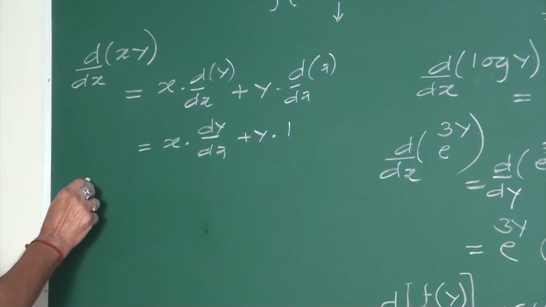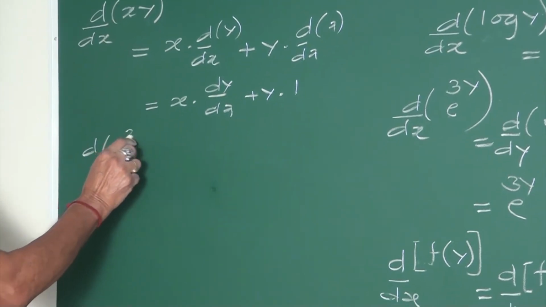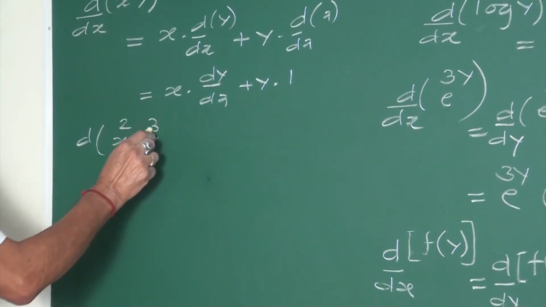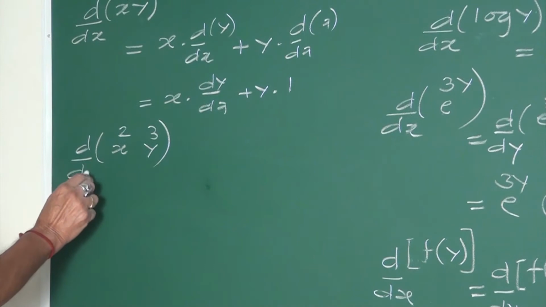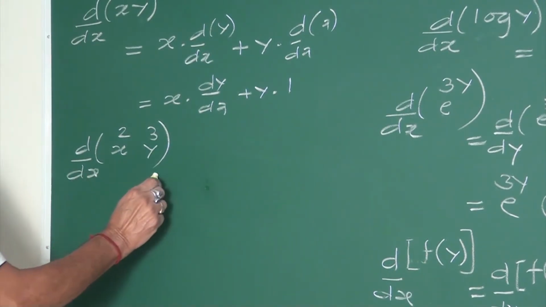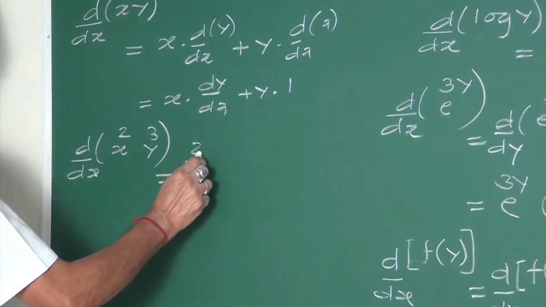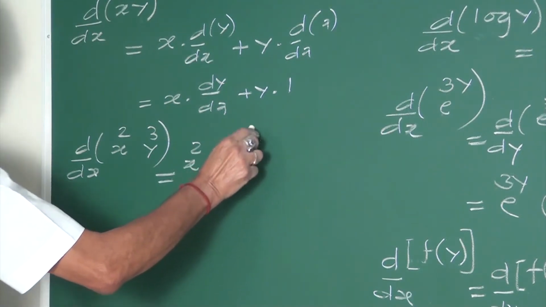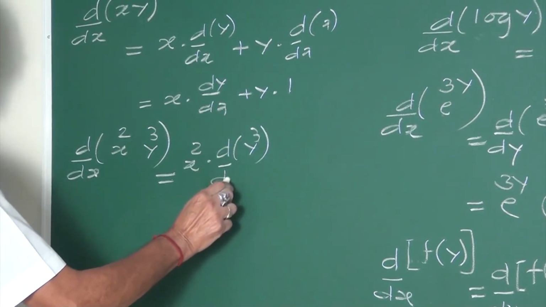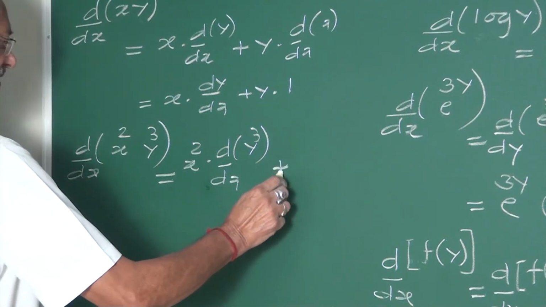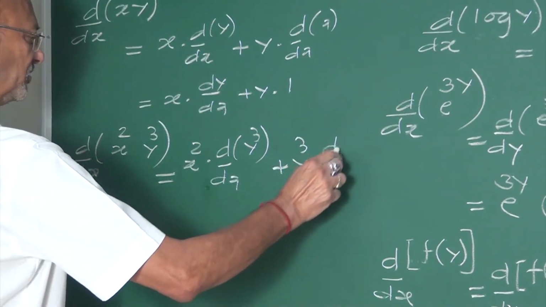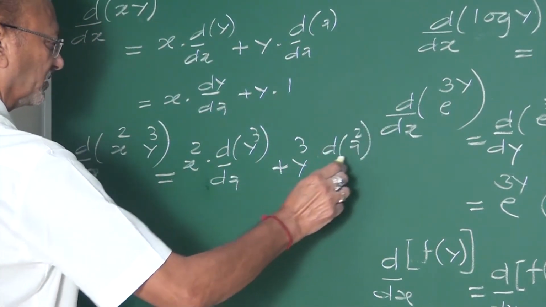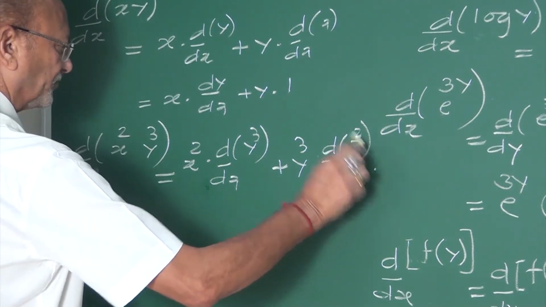On the same lines, while differentiating, I take, my friend, other than x and y, x square y cube with respect to x. First function as it is into derivative of y cube with respect to x, plus y cube into derivative of first function, x square, with respect to x.